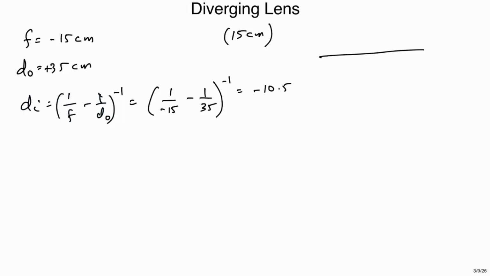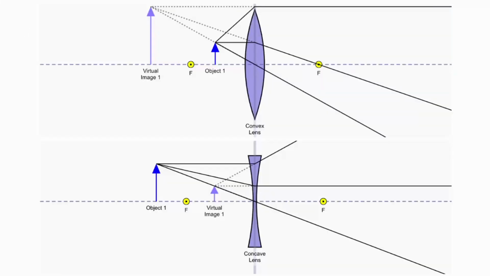I failed to draw my picture. Remember, with a diverging lens it doesn't actually matter where you put the object. This can be the object. The image is always going to be on the same side as the object. Where did the picture go? Right here. Okay, so here's my sketch. Object, image is always going to be a virtual image.